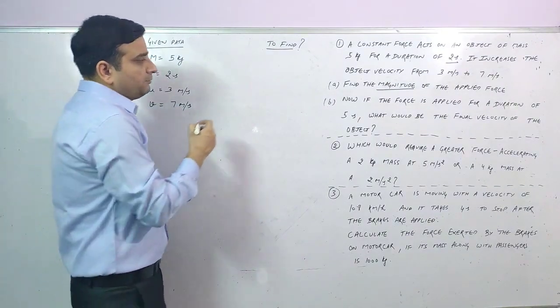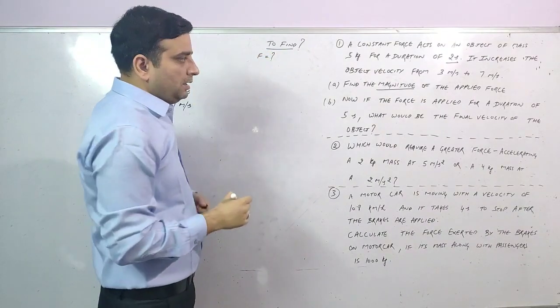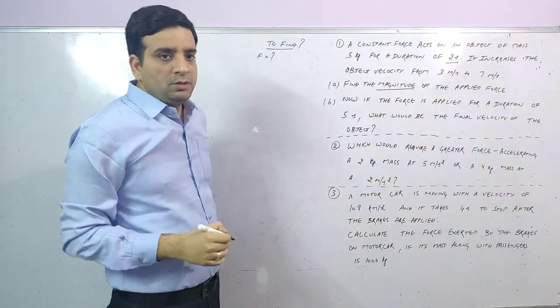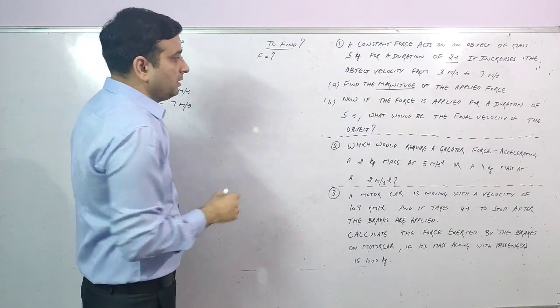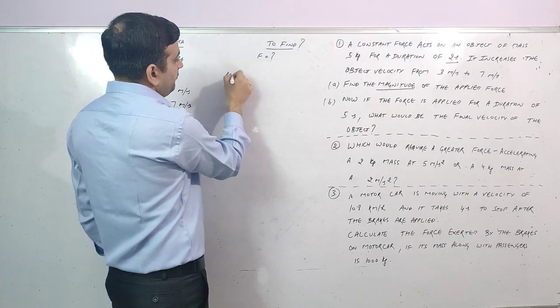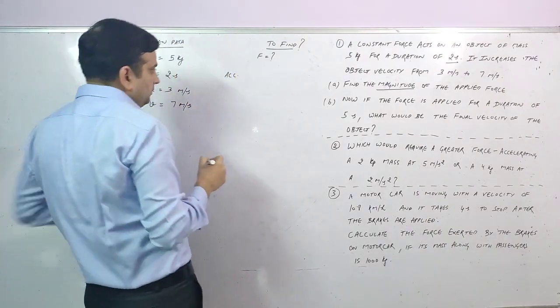So in part A, what do we have to find out? We have to find out the magnitude of applied force. After writing up to this point, what is given and what we have to find out, then you can write that we are solving, or you can write the formula that you are using.